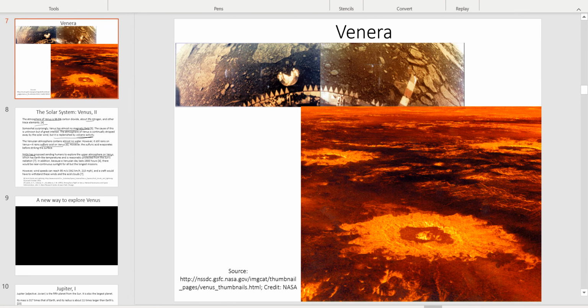Let's look at some pictures of Venus from Venera. Well, there's not much to say about these pictures. I already talked about some of the surface properties of Venus, that Venus is extremely hot and the surface pressures are very great. As a result, it's very difficult to send craft to Venus, and spacecraft therefore don't last very long.